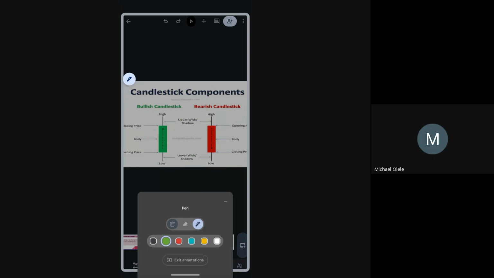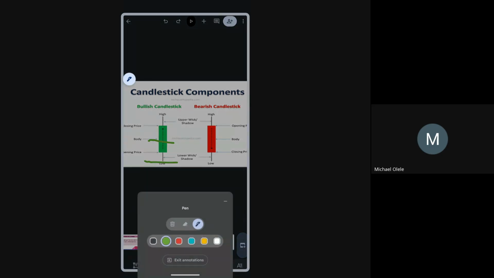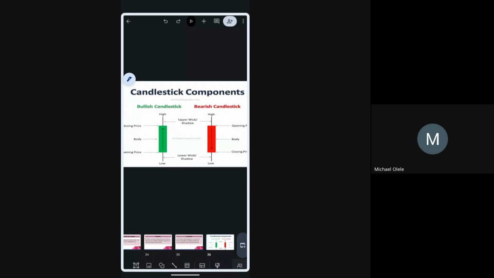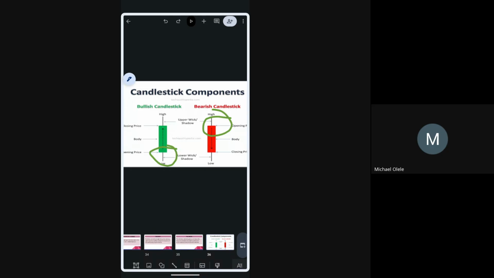Number two difference is that just as you can see right here, for the bullish candle, our opening price is right here. But for the bearish candle, it is not the same. The bearish candle, the opening price is above. Okay, that's number two difference.